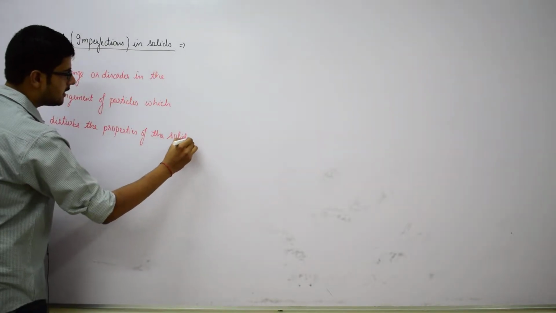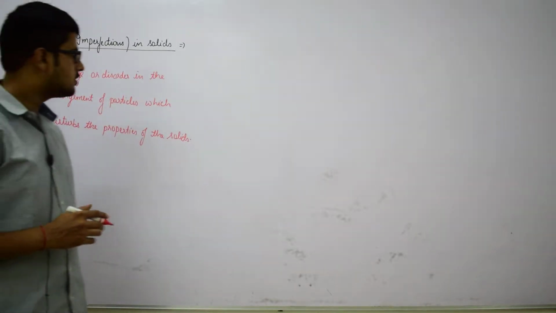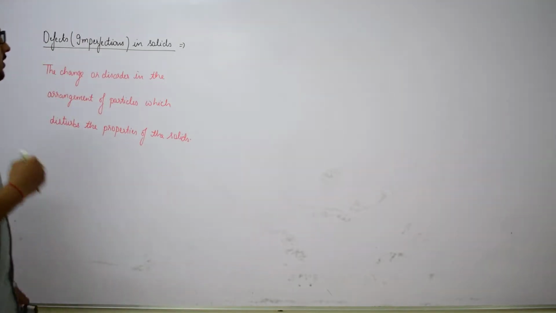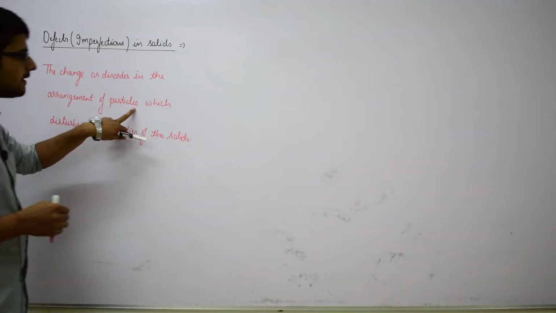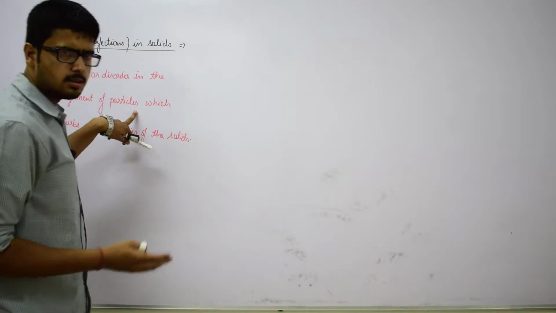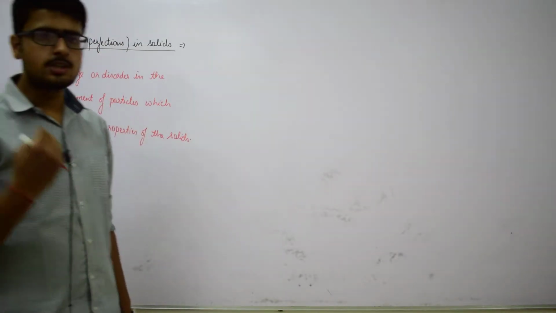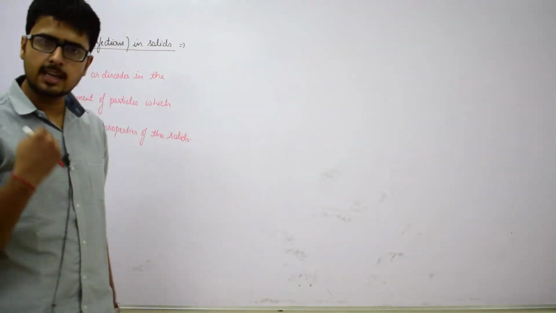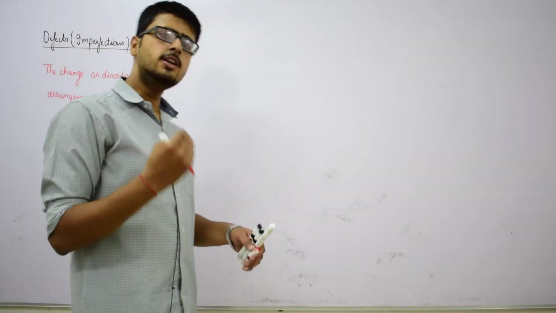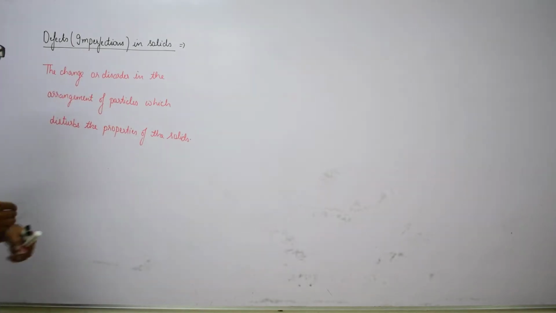So, any change, irregularity or disorder in the arrangement of particles, or any other cause which disturbs the properties of solids, the shape and size of the solid, and the physical and chemical properties of solids, is called imperfection or defect in solid.